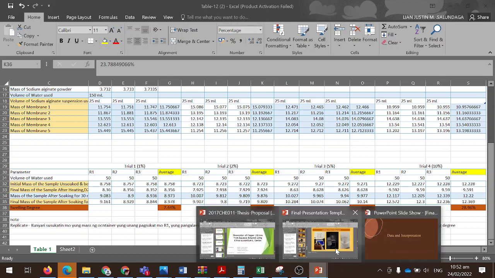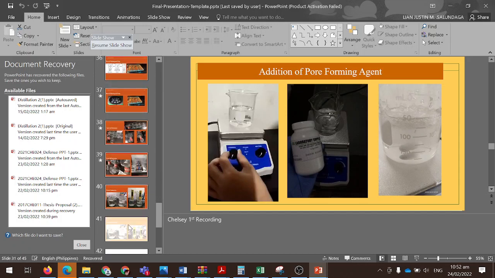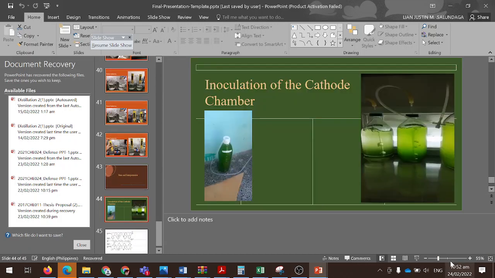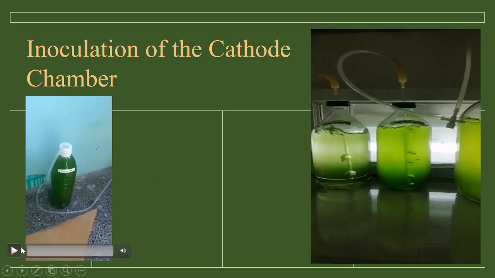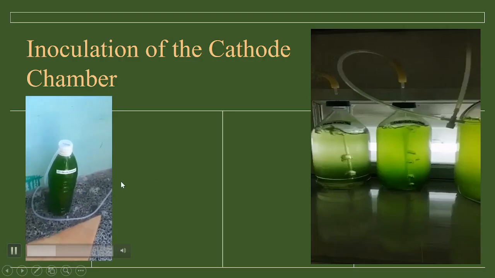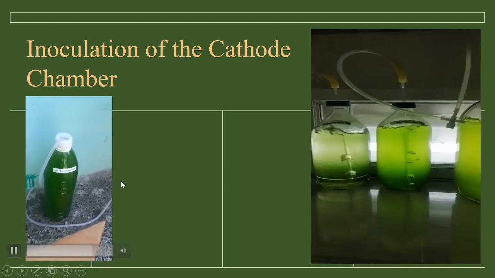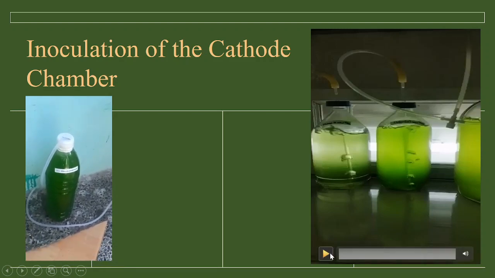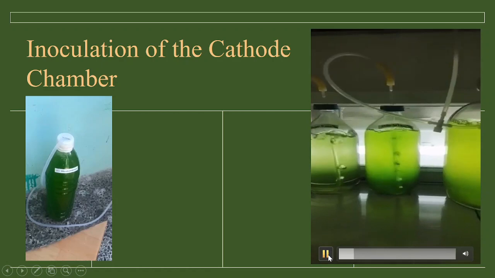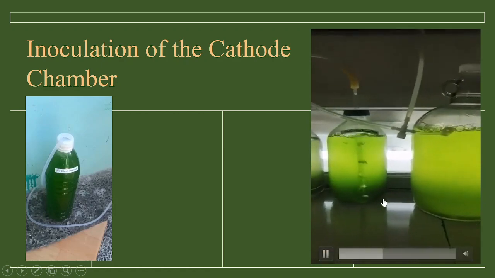So that's all for our first study, because our cathode chamber is still in the process of inoculation for 30 days, no. So what happened in Iloilo is that they delivered this late.